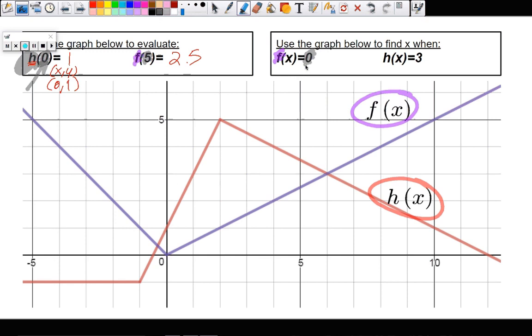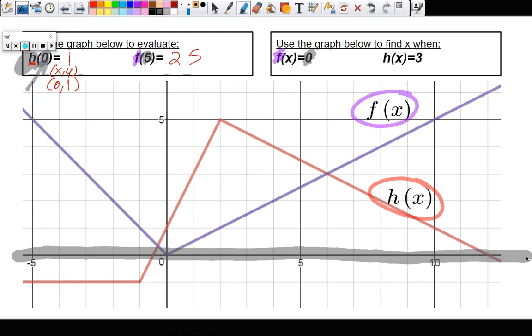So on f, when y equals 0, it's this big old huge horizontal line. Where on the f graph does it hit and touch that line, intersect? At 0. When x is equal to 0. Go with me? Not f of x equals 0. f of x equals 0 is an output value. x equals 0 is an input value.